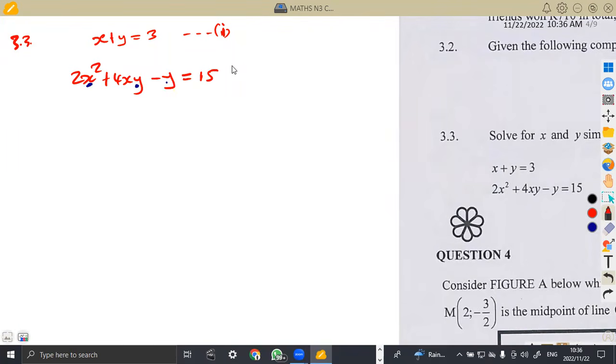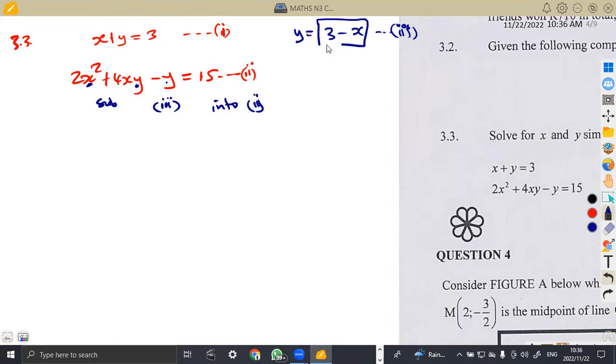All right, so working with equation 1, I'm going to make y the subject. So y is equal to 3 minus x, which means we now have the third equation. I'm going to substitute equation 3 into equation 2, so in place of y, we substitute 3 minus x.